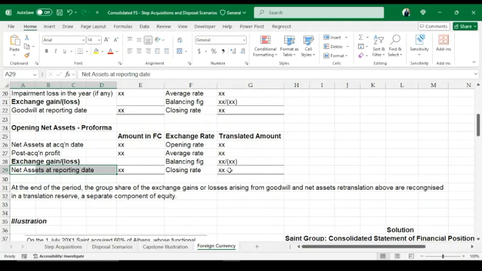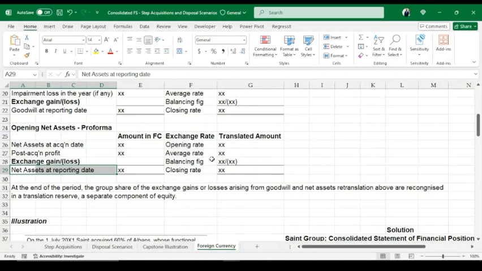Then the difference between the closing translated amount and the addition of the net asset at acquisition date and post-acquisition profit is going to give us an exchange gain or loss, and that is going to be recognized also in other comprehensive income. So that is what we have there.